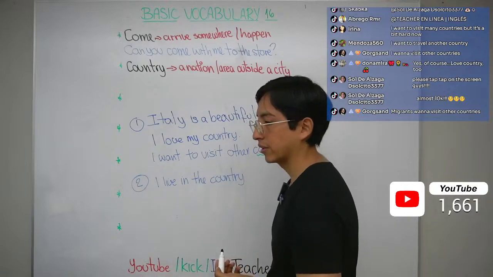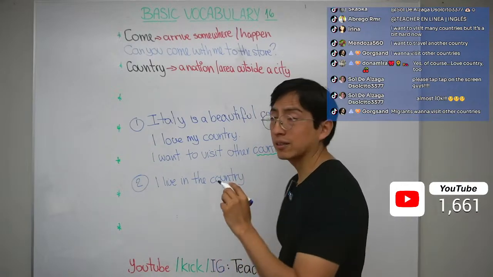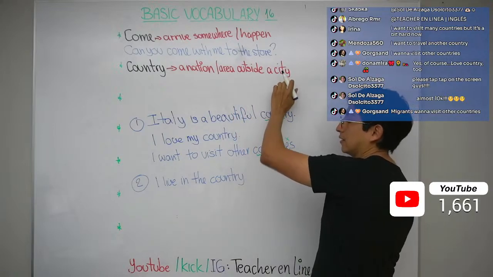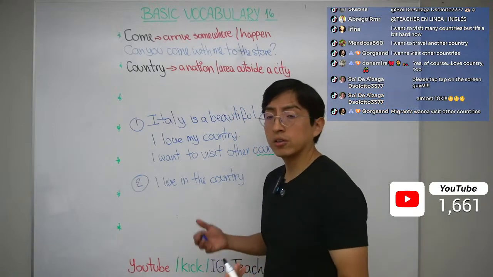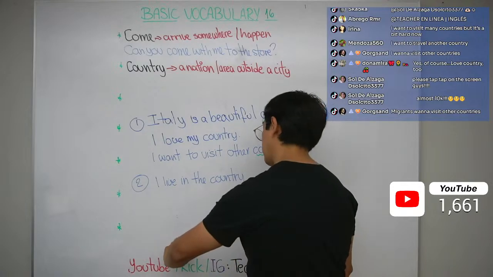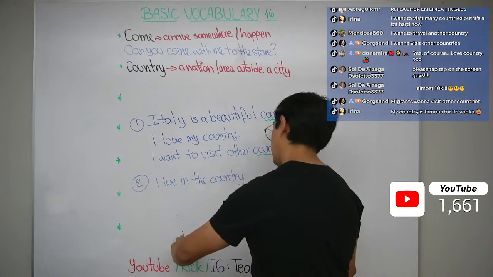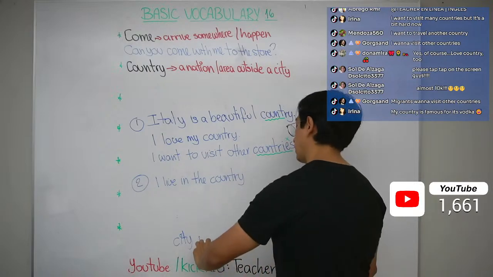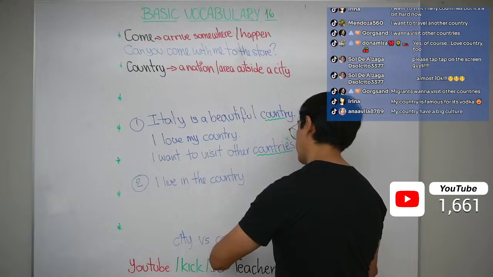I live in the country. So what does it mean? Look at this. Area outside the city. So, some people like to live in the city, okay, and other people like to live in the country.